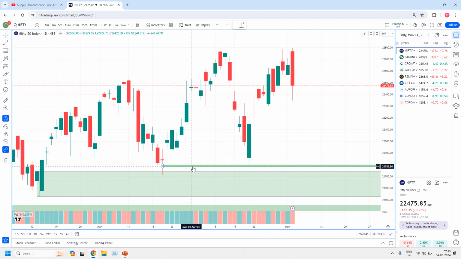I told our members, institutions nicely set up the trap. Because I have seen the entire analysis and the price structure, and with my experience I clearly identified this is going to be a powerful trap. See how powerful it is. If you look into this price action, you will understand. This is how institutions behave.